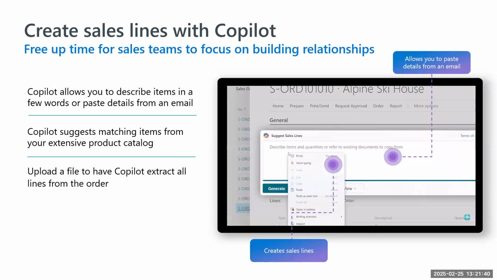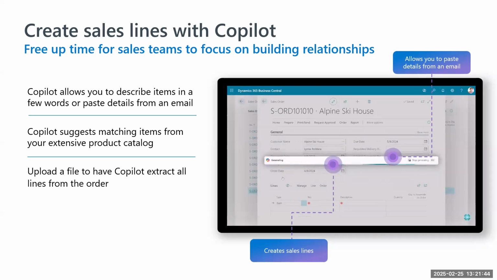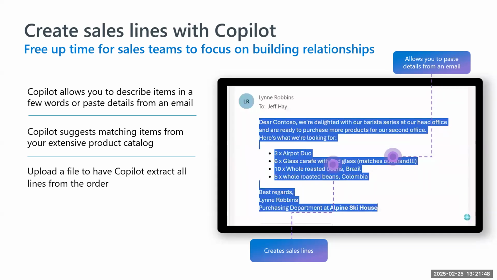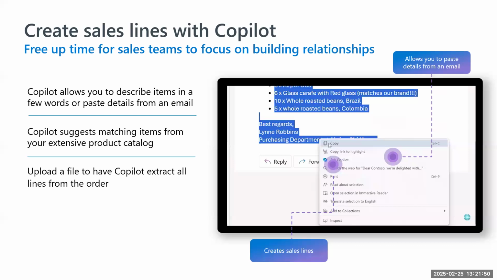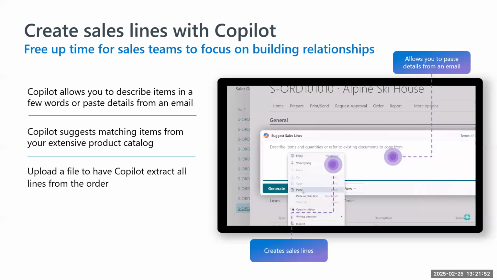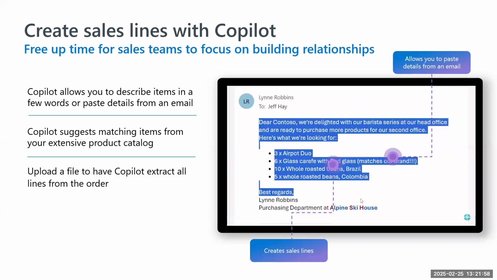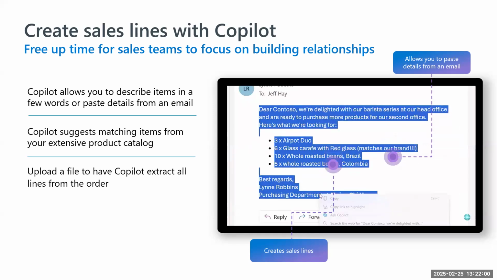You can use Excel, you can use config pack, but sometimes it could create some errors as well. So why don't you just copy everything you want to create and paste it into Copilot? Copilot will find all the items that you want to sell, how many pieces you want to sell, and automatically insert those sales order lines into the record you're looking for.